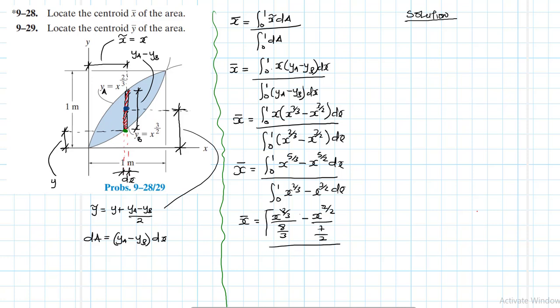Everything, of course, we are integrating from 0 to 1. Then below there also we have x to the power 5 over 3 divided by 5 over 3 minus x to the power 5 over 2 divided by 5 over 2, integration from 0 to 1.